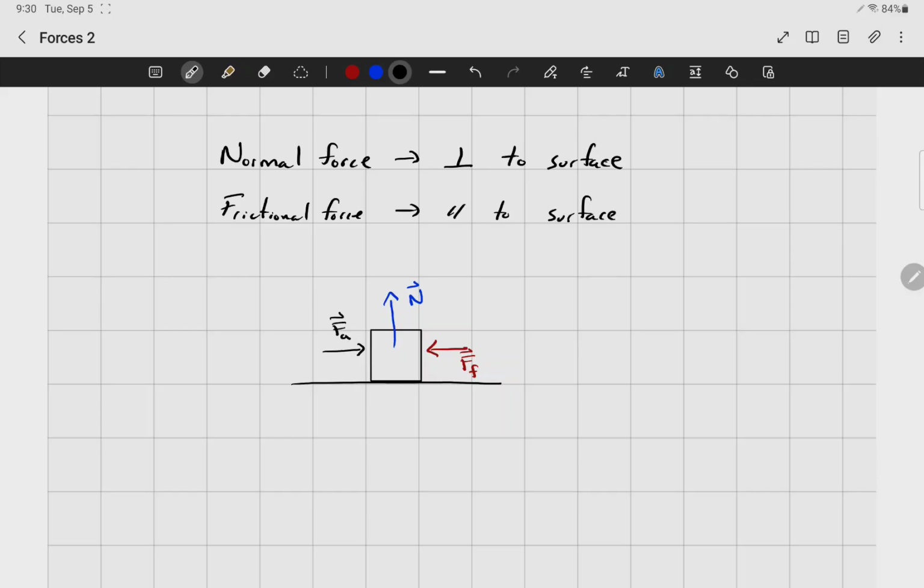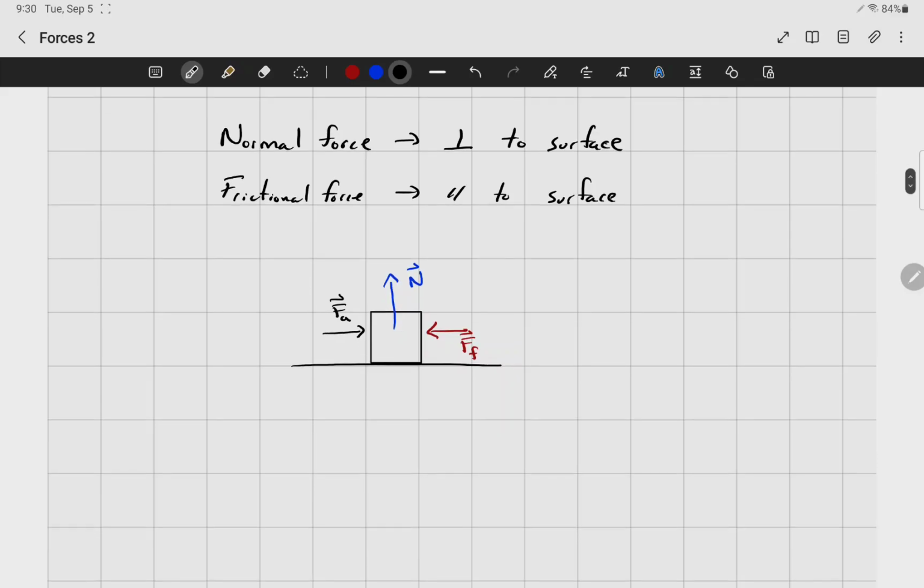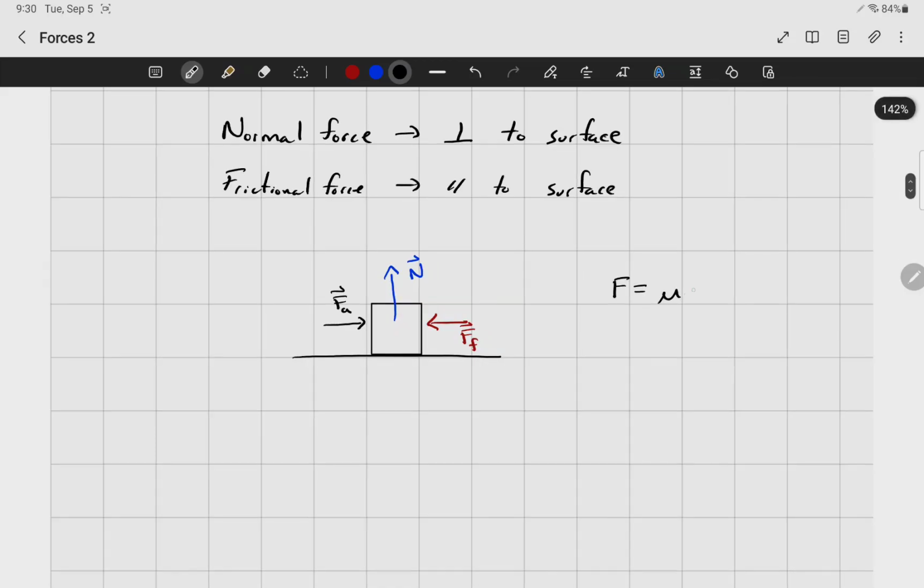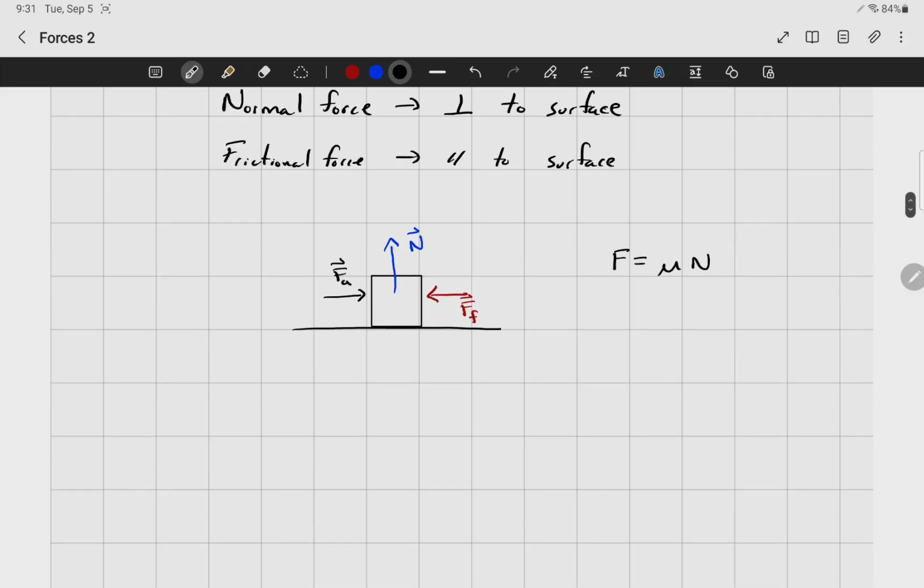So now, typically, we need to find the normal force in order to determine the frictional force, because the frictional forces are frequently mu times the normal force in magnitude. And so we tend to break up the frictional forces into two categories.